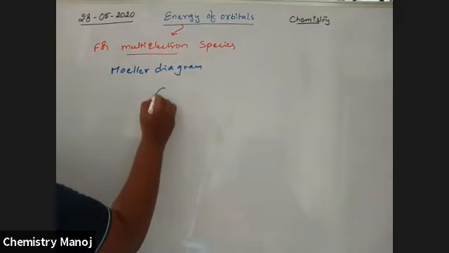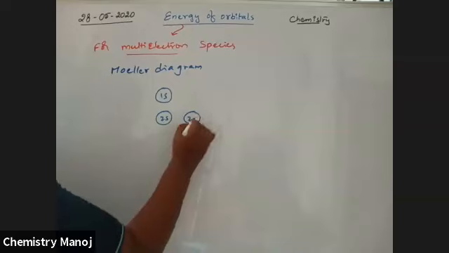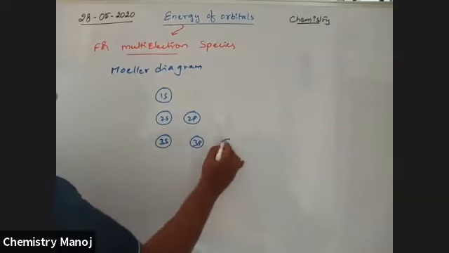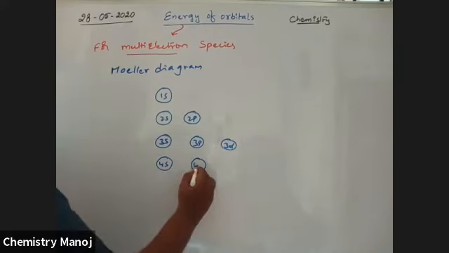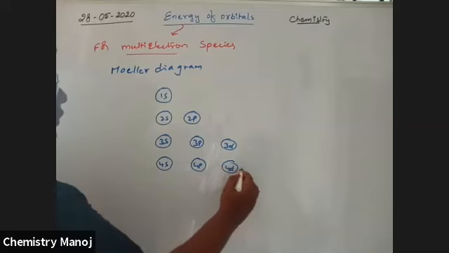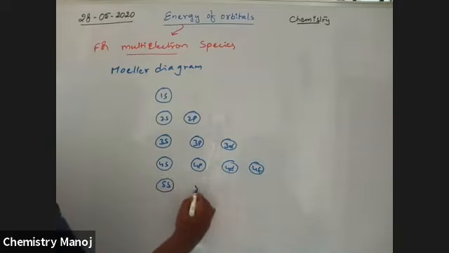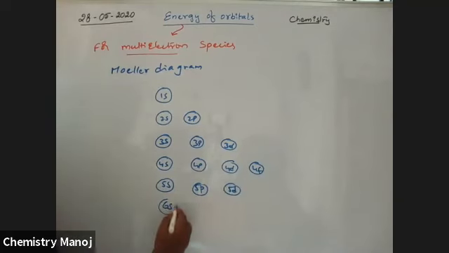That is 1s orbital, 2s, 2p, 3s, 3p, 3d, 4s, 4p, 4d, 4f, 5s, 5p, 5d, 6s, 6p, 7s.